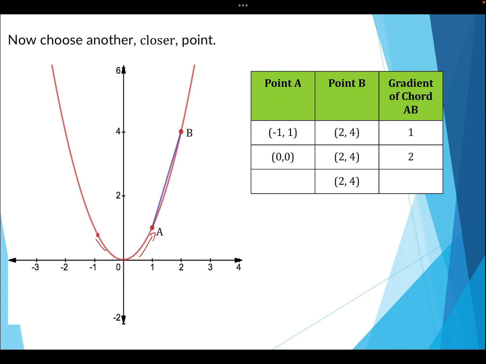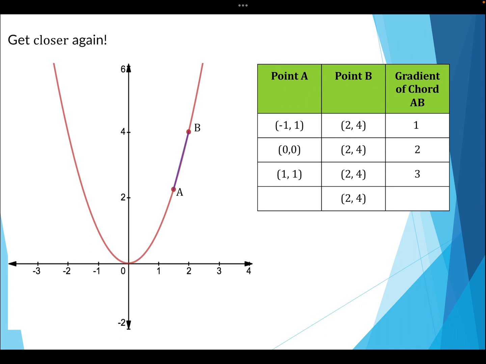From minus 1 to 0 to 1. A is (1, 1), and now the gradient of chord AB is 3. You can see that AB is getting closer to the tangent. Let's move A even closer. This time I'm going to use 1.5.